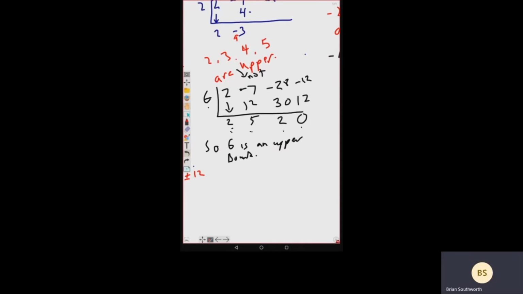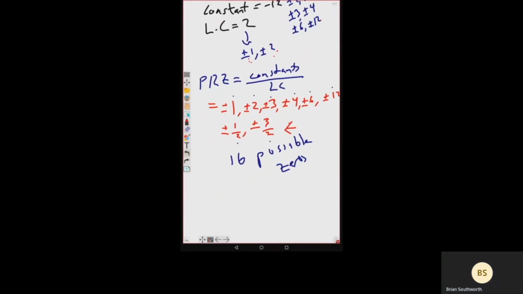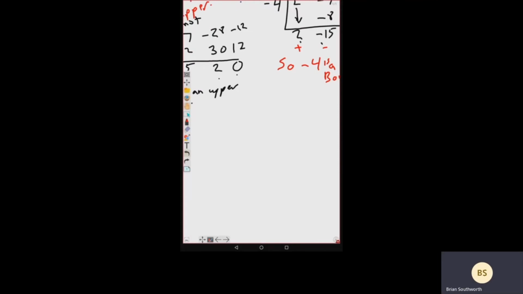So let's go back way over here. Our upper bound was 6. Our lower bound, minus 4. I wrote that right? Yep.